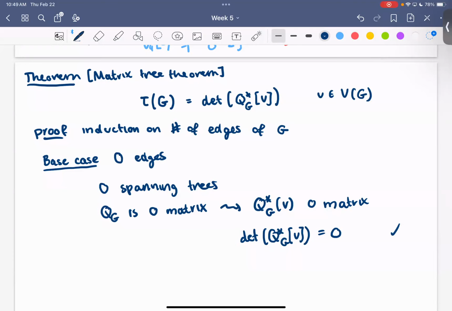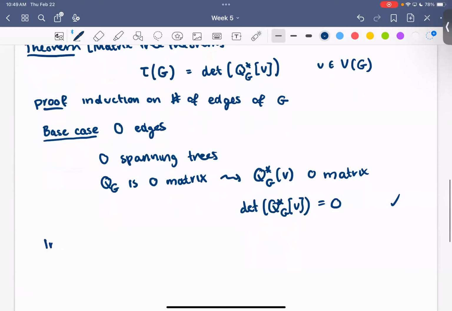Okay, so now let's do the induction step. We're gonna go ahead and assume that G has some number of edges, and for any graph with fewer edges, the statement is true.